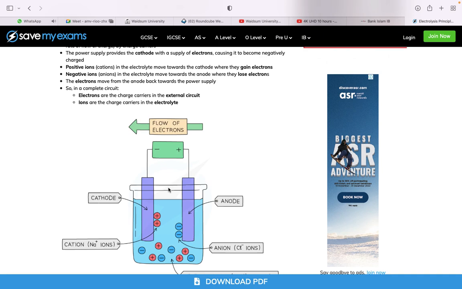Here we gave a vivid example. This electrolyte is sodium chloride. It breaks down into sodium ions, Na plus, which you see here on your left.